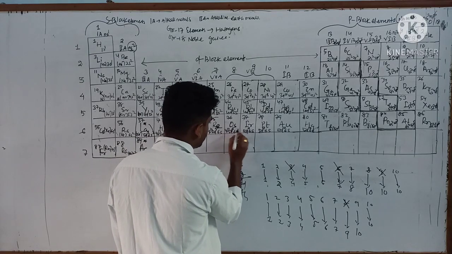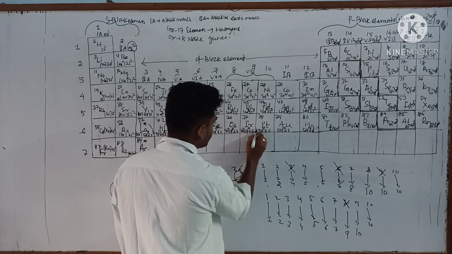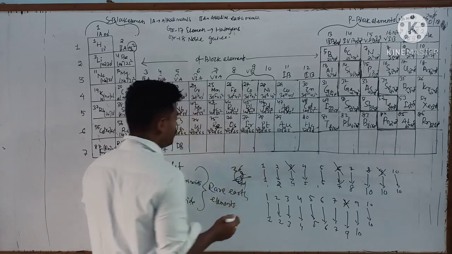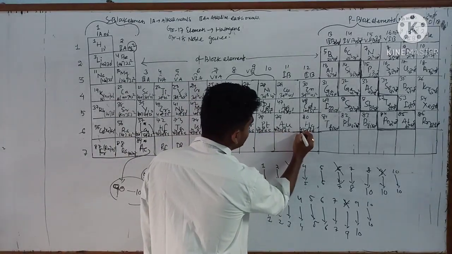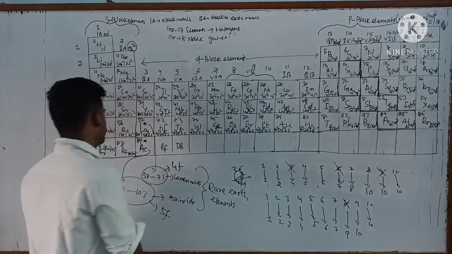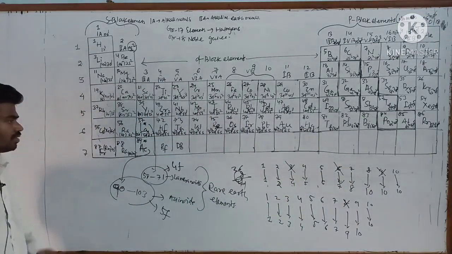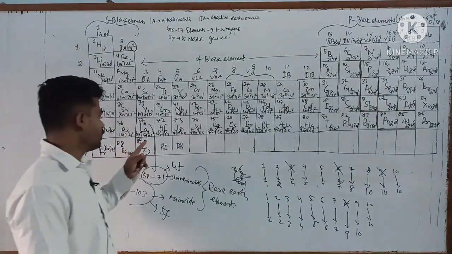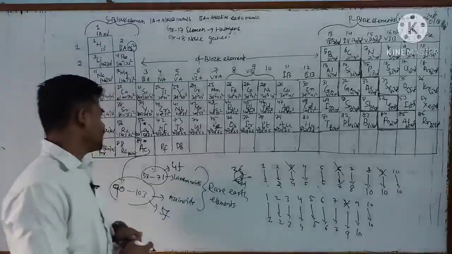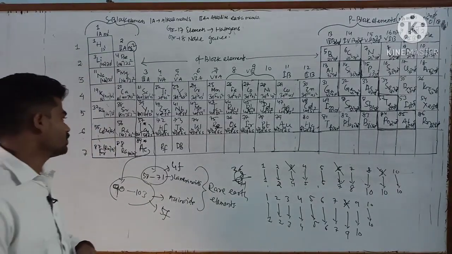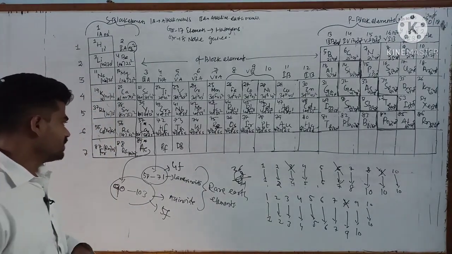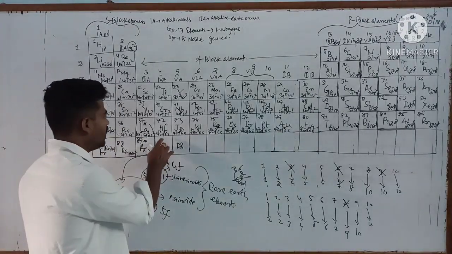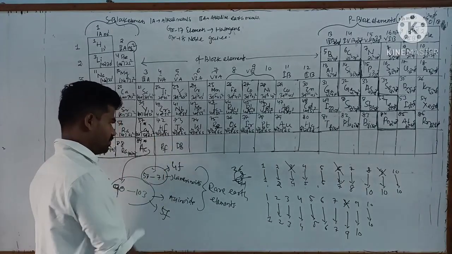Okay, 4f14. So if you add this 4f14, then the configuration you can now mention xenon 54 plus 14, that will be 68, and this one will be 70.